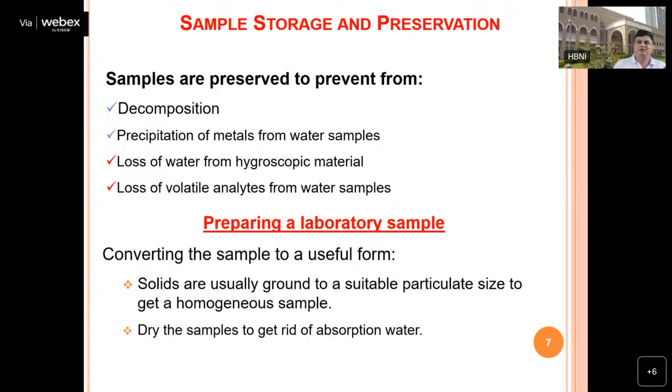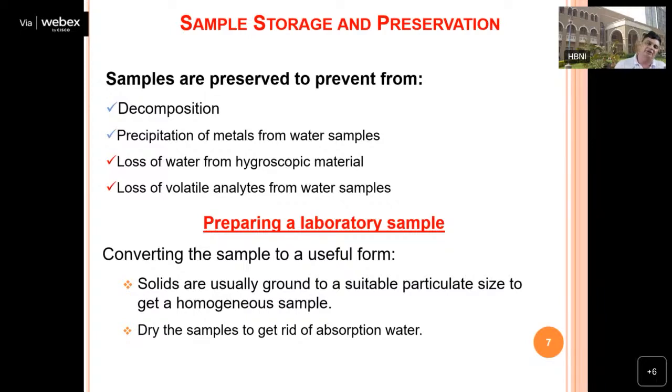So samples are preserved to prevent decomposition, because there are certain cases where the sample will decompose. Then there is precipitation of metals: if it is a water sample and there is an increase in pH, there is a chance that metals will get precipitated out. Then there is loss of water from a hygroscopic material.